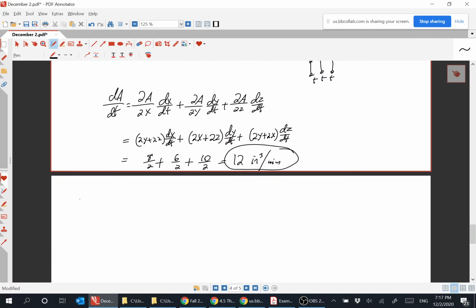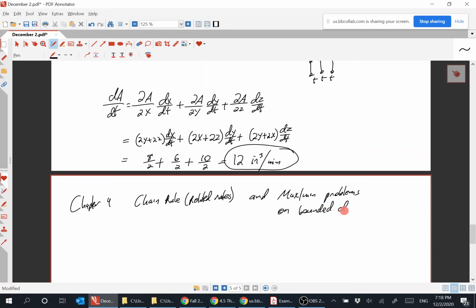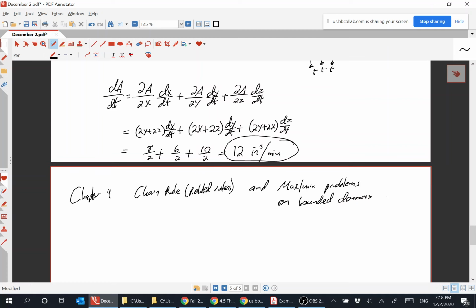All right, so for chapter 4: chain rule, in particular related rates, and max min problems, unbounded domains. Is that fair?